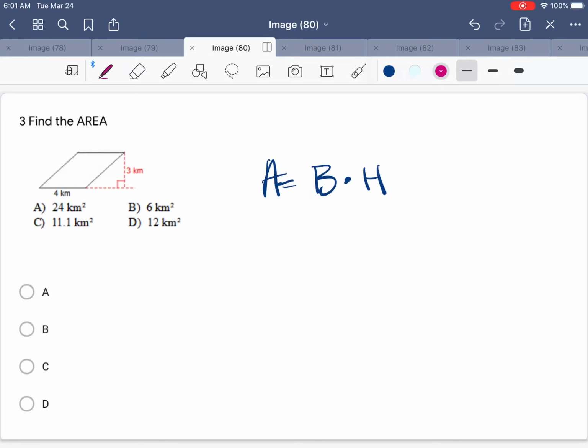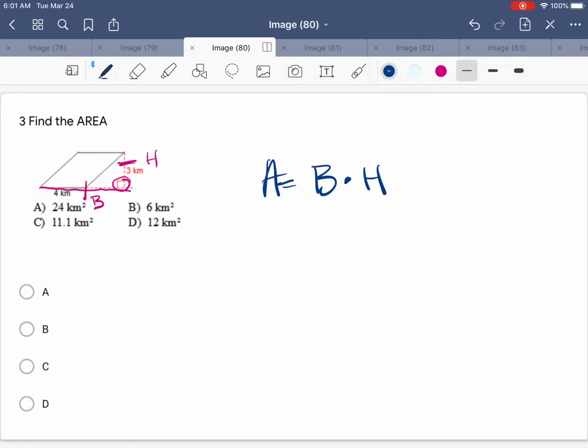My base is going to be this bottom part, and don't worry that it looks different than a square, but really it's the same thing. If you watch the video that's attached, they had a great explanation of why it's basically the same. So this is my base, and then this one is my height.